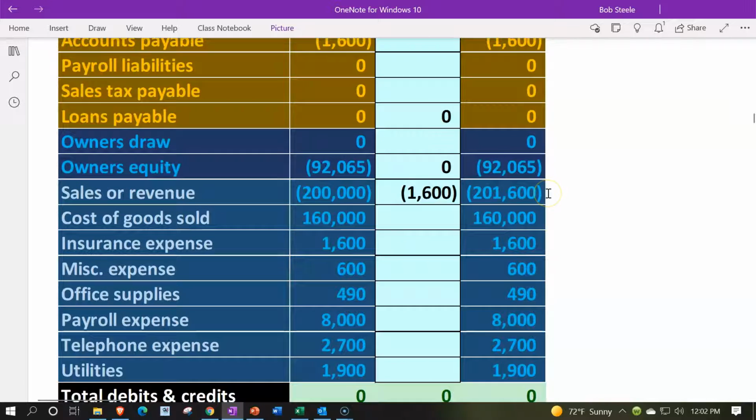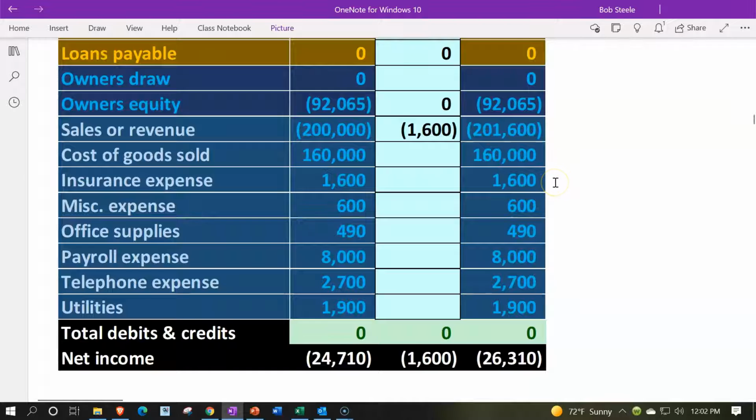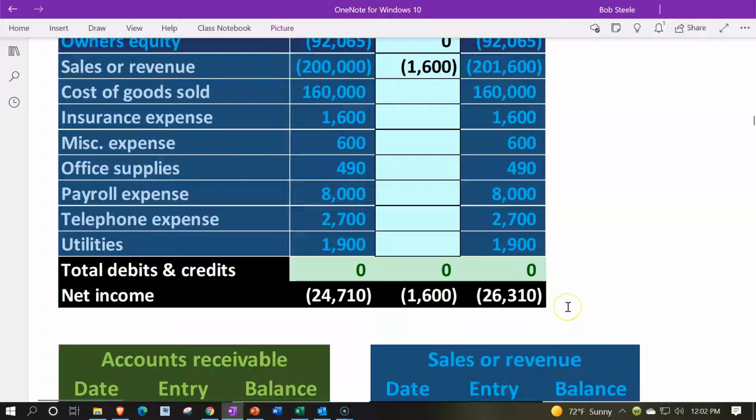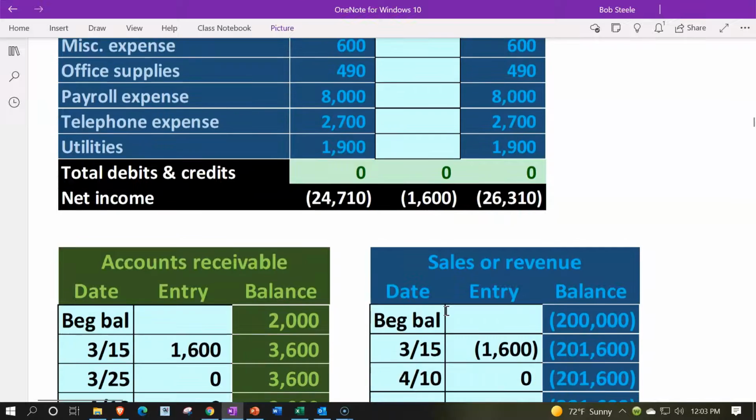If we take the 201,600 minus all the expenses that were there before that, we get to 26,310. In other words, we started at 24,710 in net income. That's income, not a loss. The brackets representing a credit goes up by 1,600 to 26,310 at the end of this process.